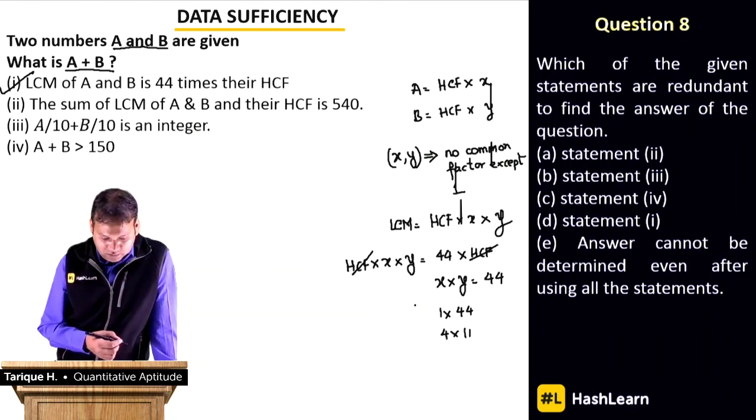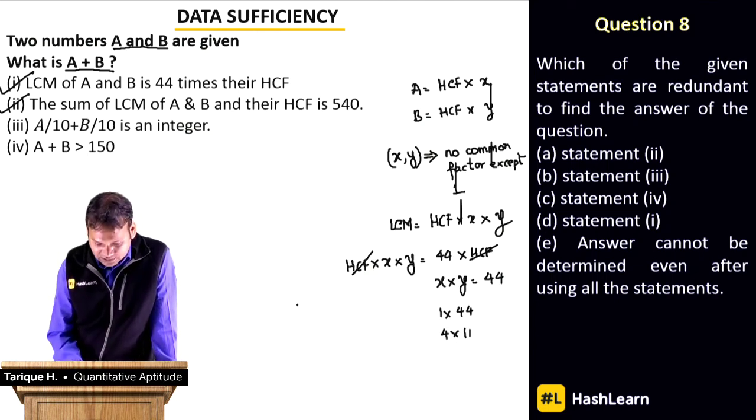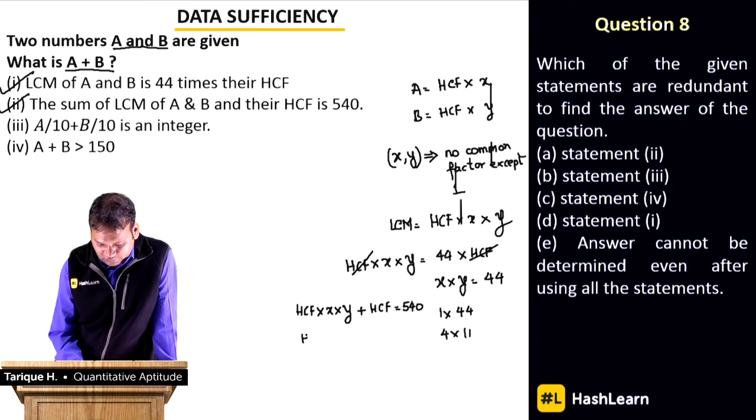So let's see what we have in statement 2. The sum of the LCM of A and B and their HCF is 540. LCM is HCF into X into Y, and their HCF is HCF itself. This is 540. If I take HCF common, we get X into Y plus 1 is 540, and we know X into Y is 44.